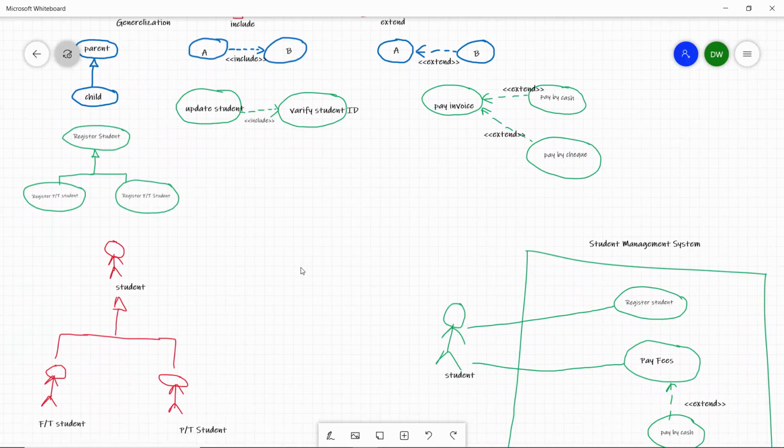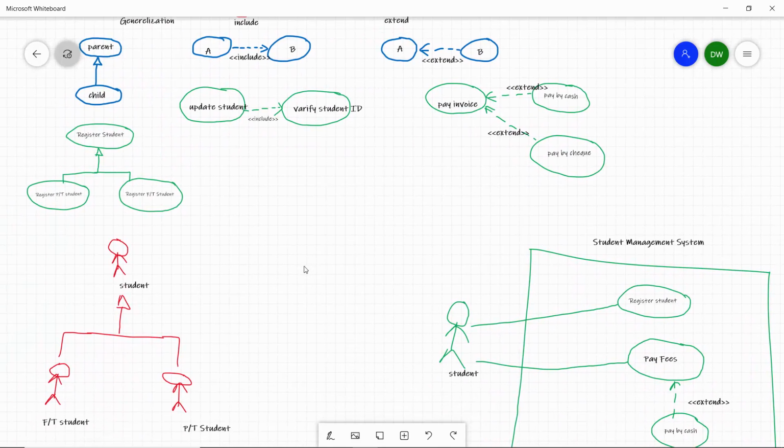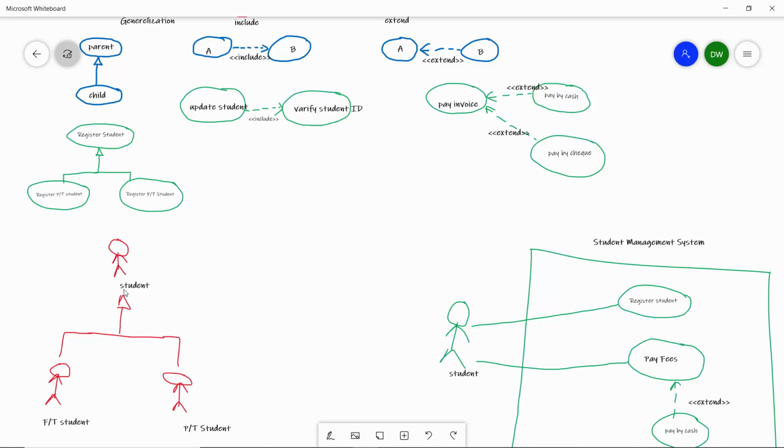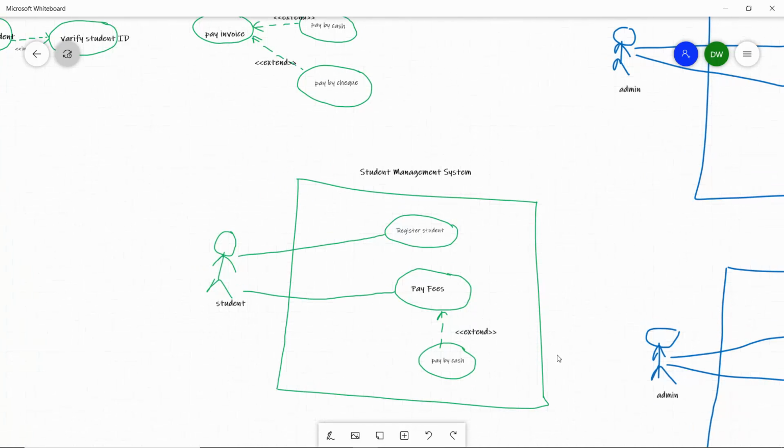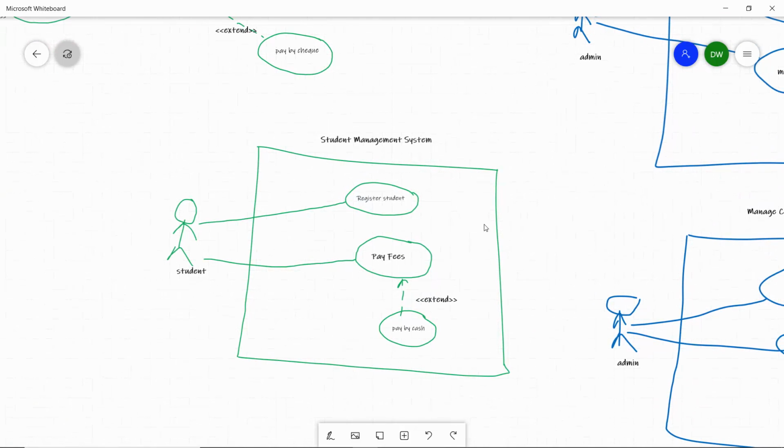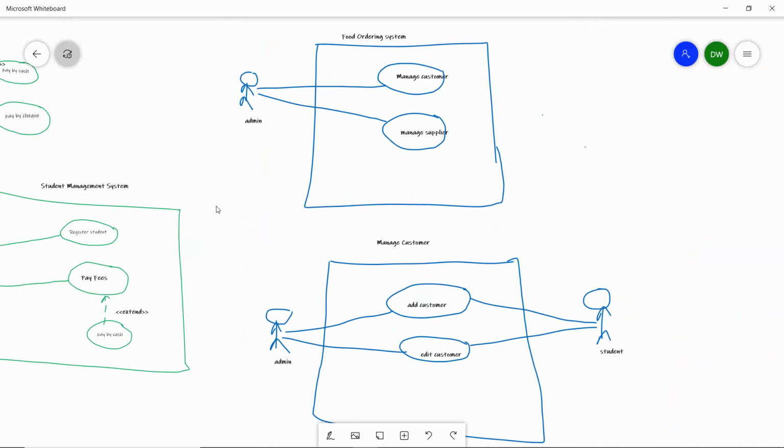And we have discussed the actors and their relationships, and we have discussed the system boundary and how we include those actors, use cases, and relationships within the use case diagram. And finally, we have discussed that when we have a large number of use cases, we can divide all those into a number of modules without drawing a single use case diagram for your system.